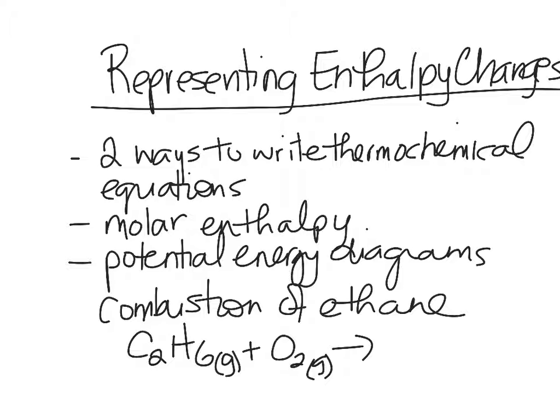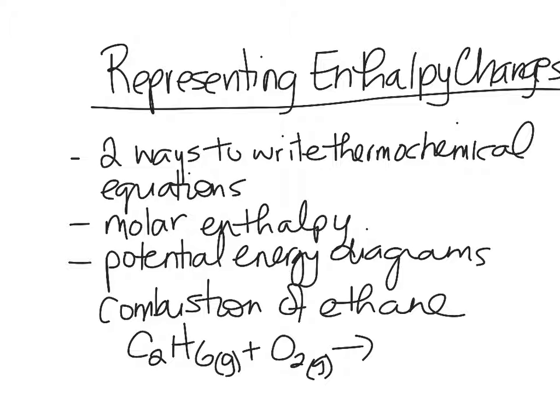You have to pay attention to what the enthalpy values are. You can go online and Google what's the enthalpy change for the combustion of ethane, and you might get a slightly different number. It might be off by 44 kilojoules. But it depends whether they have H2O gas or H2O liquid in their answer. You will get a different value. Okay? We'll get into why a little bit later.